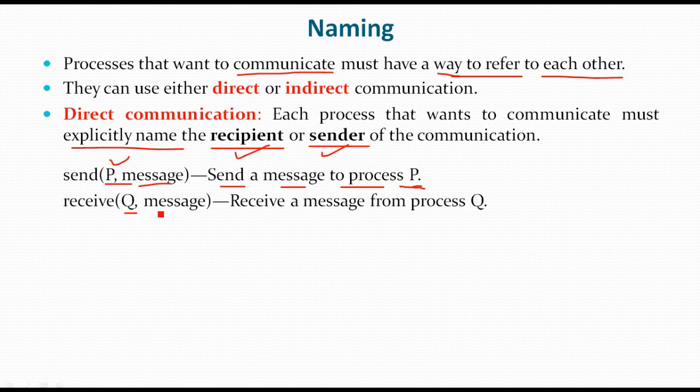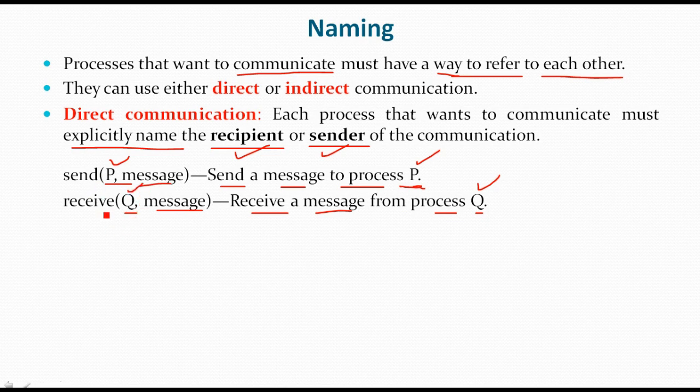So the receiver receives a message from process Q. Here the sender is Q and the receiver is P. So both the sender and receiver names have been mentioned in these send and receive operations.